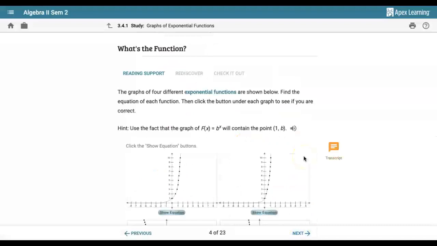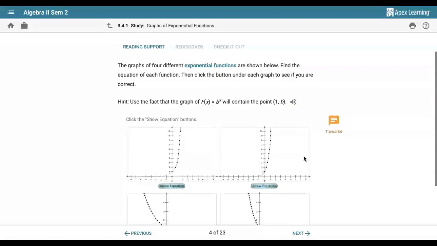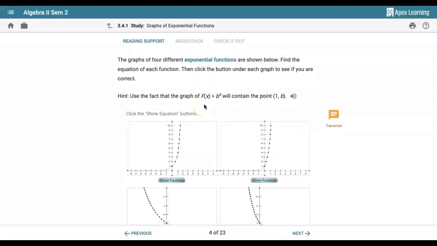So, looking at these different functions, since we know that at the x value of 1 it's always going to be b, where b is our base, we can start to look at these graphs and pick up what the equation is probably going to be.